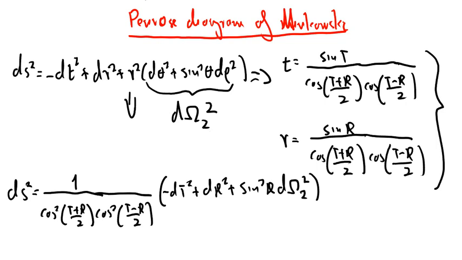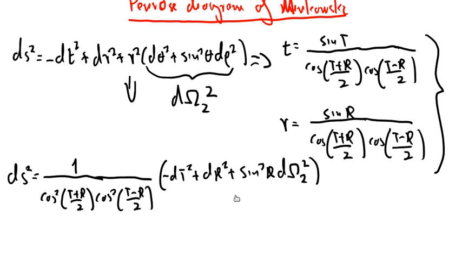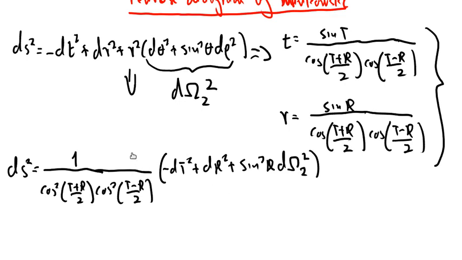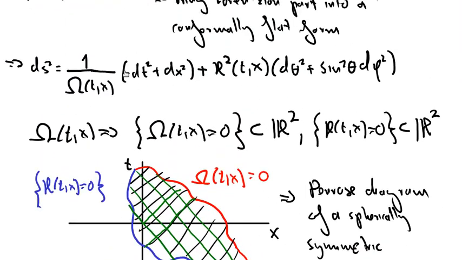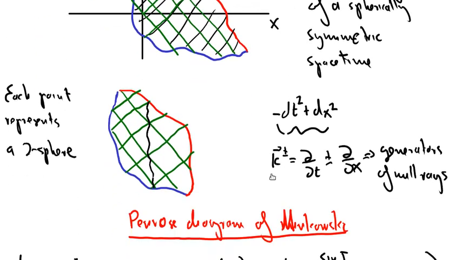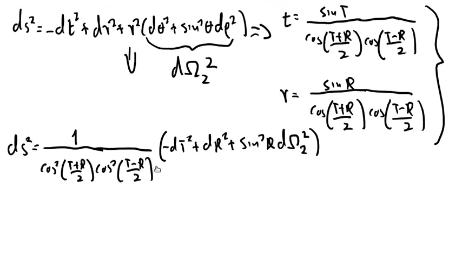So it turns out that this expression of the metric is of this form. So we can use this expression to draw our Penrose diagram.